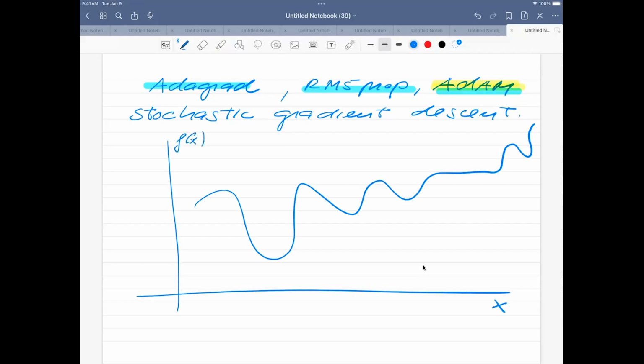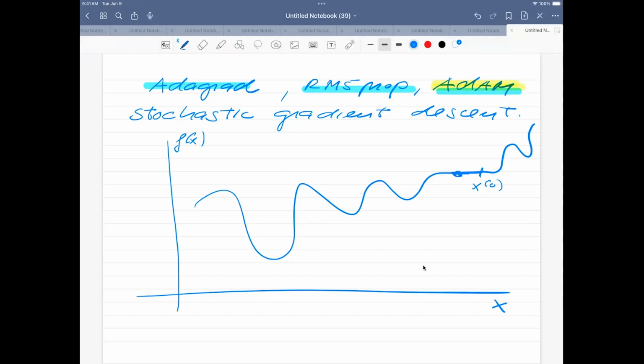When we start with Newton's method, we would start with an initial guess. If our initial guess x0 is here, then we are in a region where we have a saddle point. So when we calculate the gradient, after a few iterations we may just be stuck here. And then we won't move anymore.